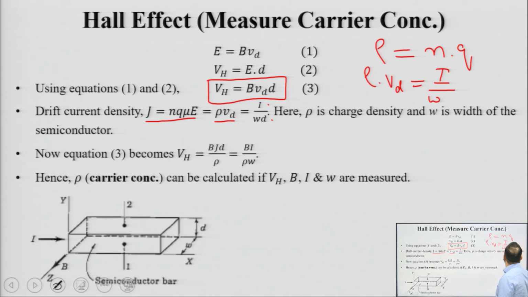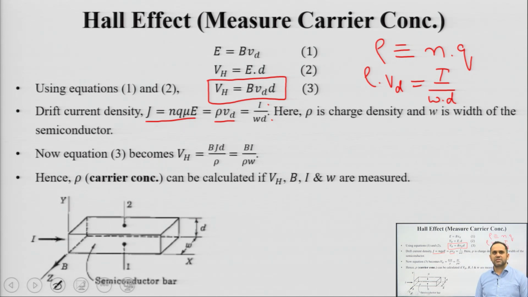Okay. Simple explanation, we already know the expression for drift current density, N Q mu E. N is carrier concentration, Q is charge, mu is mobility, E is electric field. Okay. N dot Q is the definition for charge density rho, mu E is the expression for drift velocity. Drift velocity is proportional to electric field, proportionality constant being mobility.